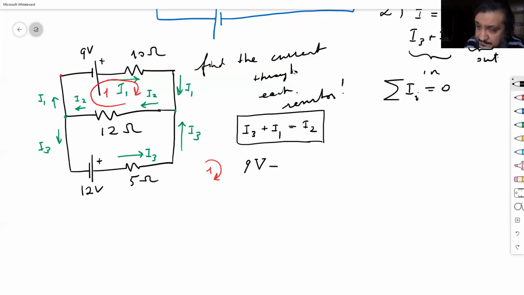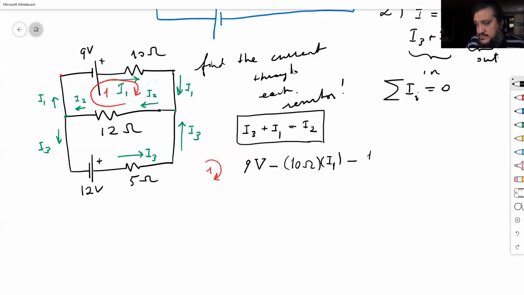So minus 10 ohms times that current, I1. All right? Now I'm here. Go down, move left. Now when I'm going over the 12 ohm resistor, same thing happens.